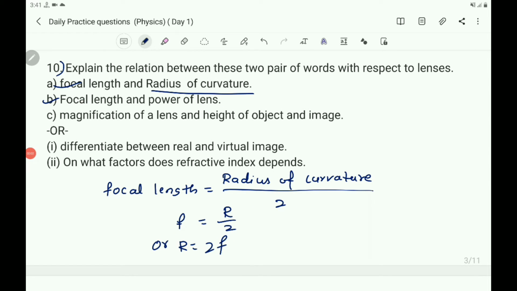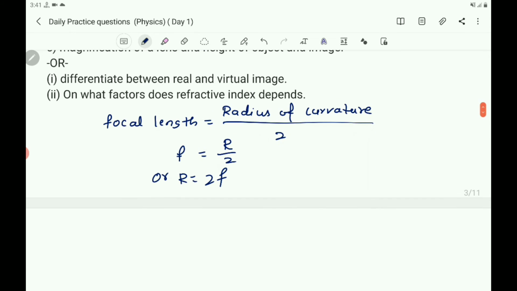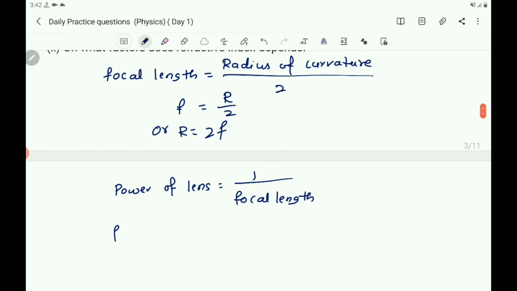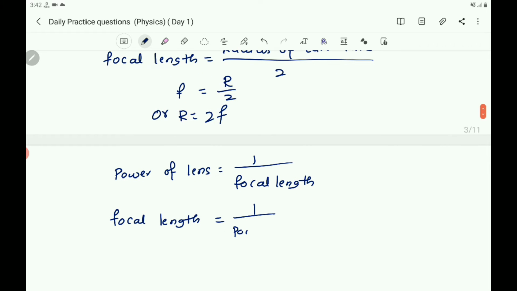Next one is the relation between focal length and power of lens. You know that focal length is the reciprocal of power of lens, or power of lens is the reciprocal of focal length. So write power of lens equals 1 by focal length, or focal length equals 1 by power of lens.